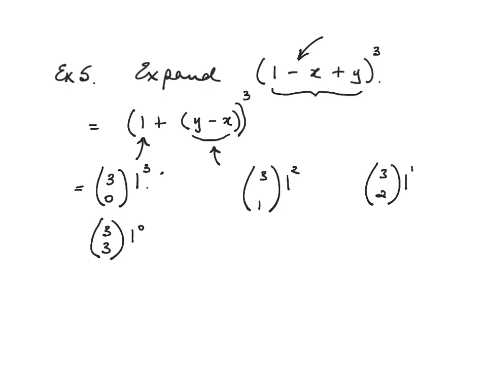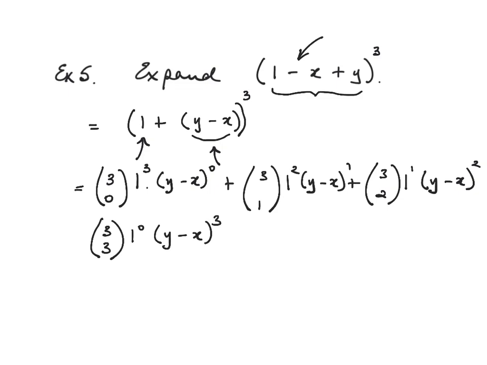We've then got y minus x to the power of 0, y minus x to the power of 1, y minus x to the power of 2, and y minus x to the power of 3, with plus signs between.